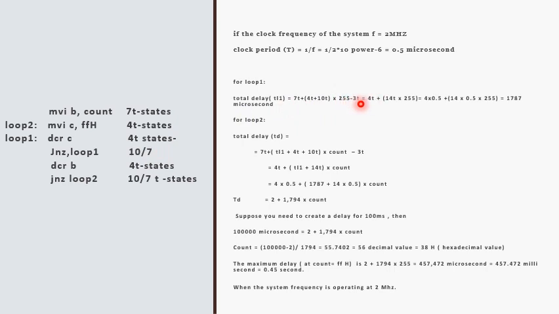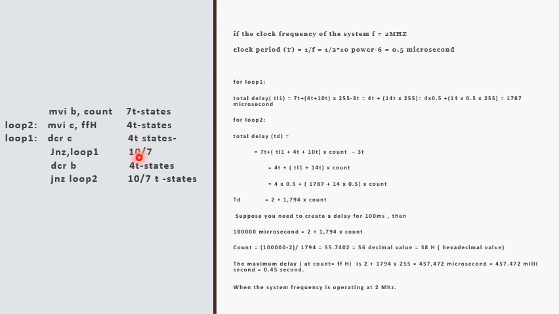That will be equal to 4T plus 14T into 255, that is equal to 4 into 0.5 plus 14 into 0.5 into 255, that is equal to 1787 microseconds.